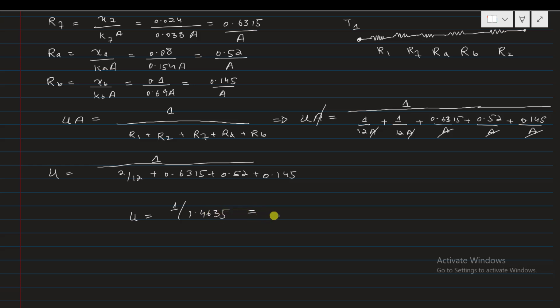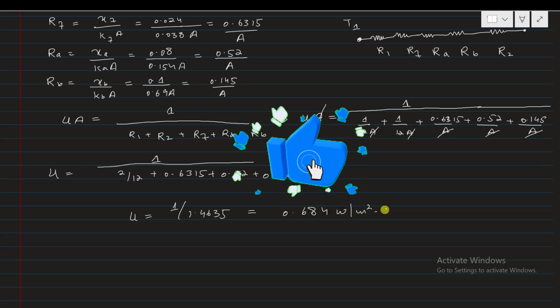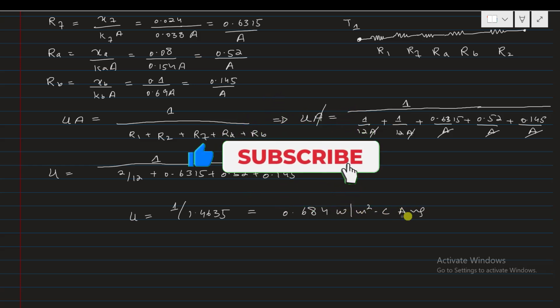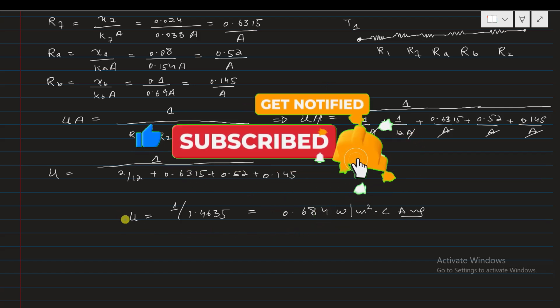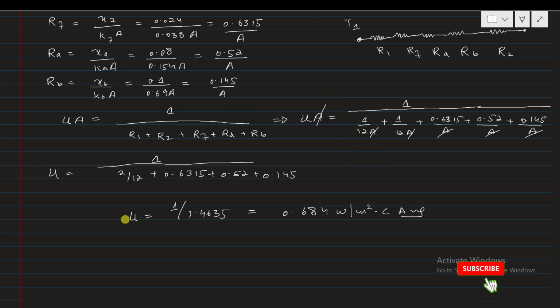Finally you will get its value, that is 0.684 watt per meter square centigrade, and that is our final answer. This is the overall heat transfer coefficient across this composite wall. I hope you understand. If you still have any confusion, you can ask in the comment section.